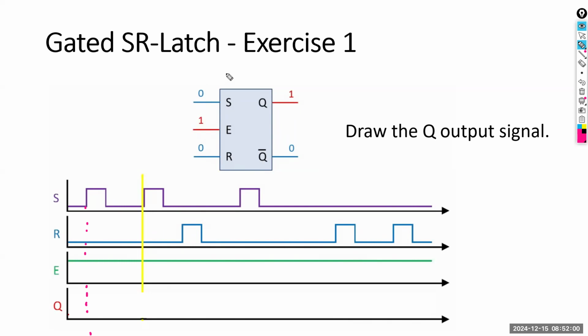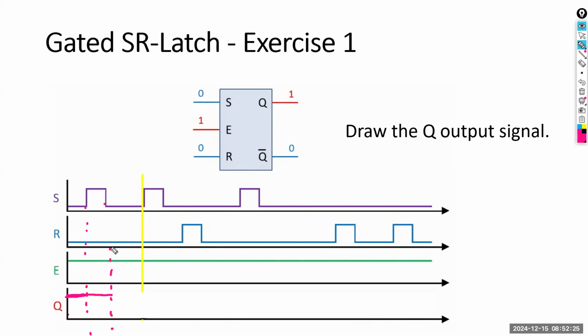This is basically normal SR latch now because enable is always 1. I will assume that currently it's 1. So therefore Q is 1. Now S becomes 1, right? R is still 0. By the way, S becomes 1 means set. So therefore still it is 1.